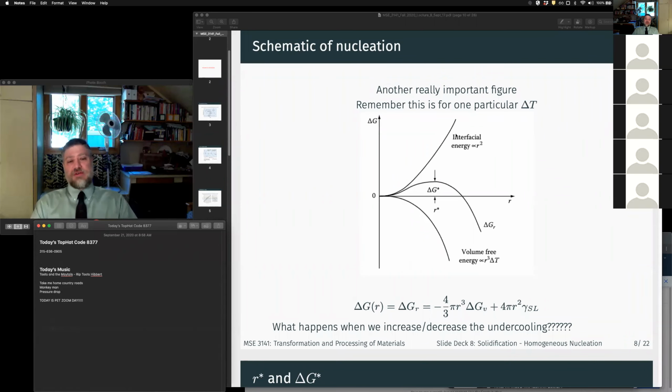And the reason for that is because we have an energy penalty that we need to pay to overcome the interfacial energy, right? We have to create new surface when we make an interface.